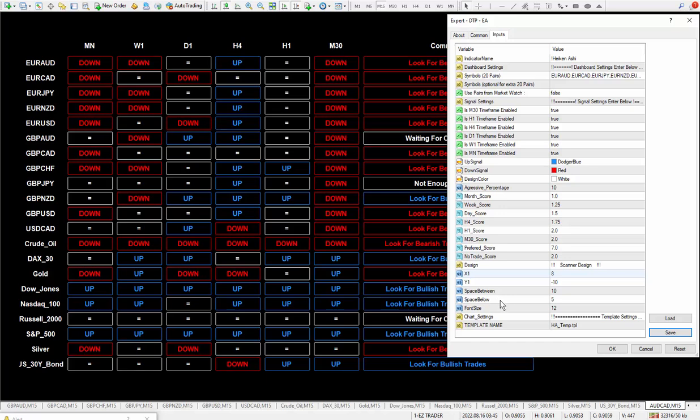Space below and between. So between is little spaces between the boxes, left to right. And space below the boxes, this little space right here. If you change this to 1, the boxes will tighten up.